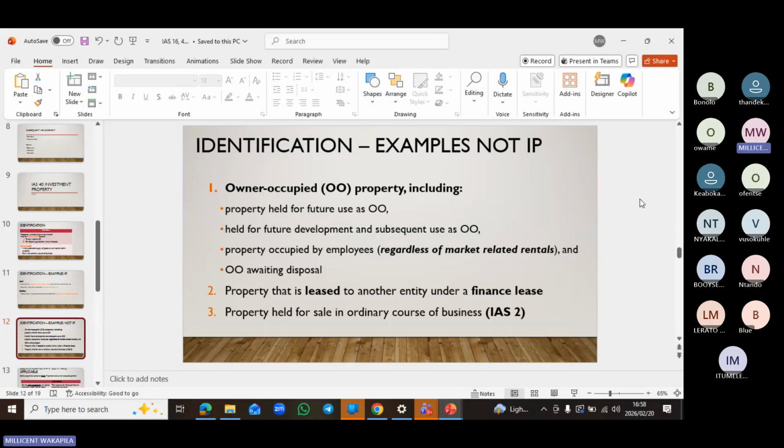Even though they are paying market related rentals, it cannot be classified as investment property. It can only be classified as PPE.